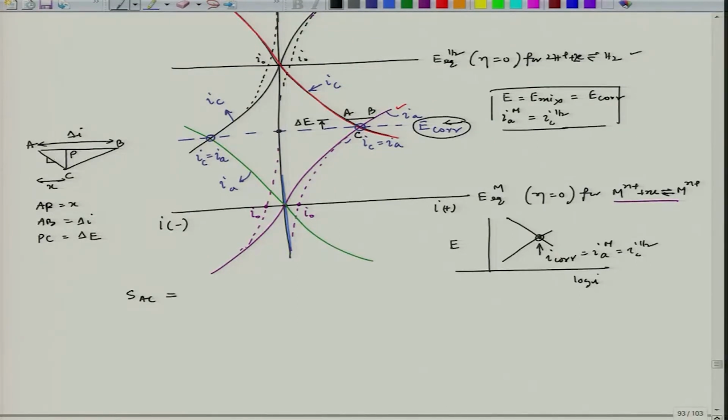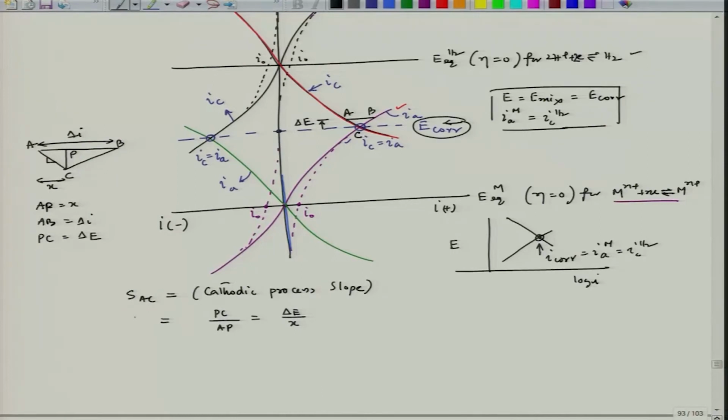So, that is the slope of the cathodic process slope. So, this I can write as PC divided by AP, which is nothing but del E by x.